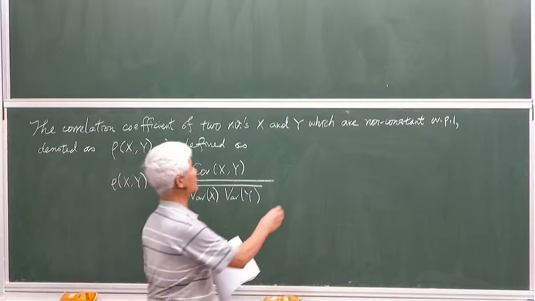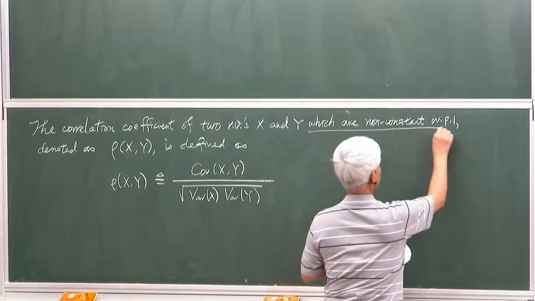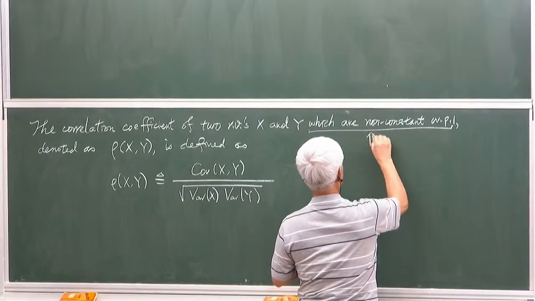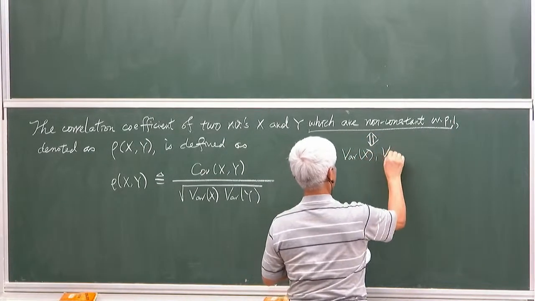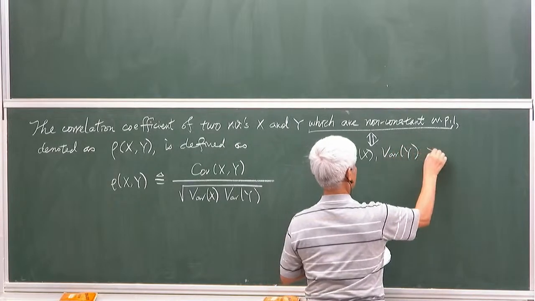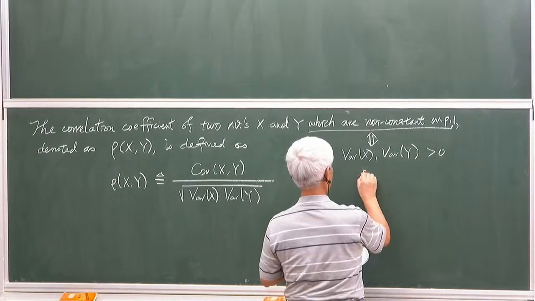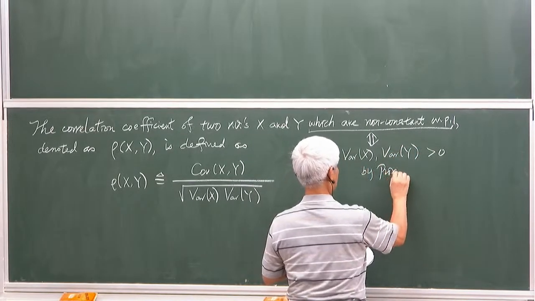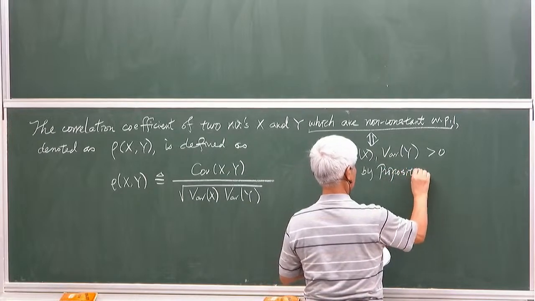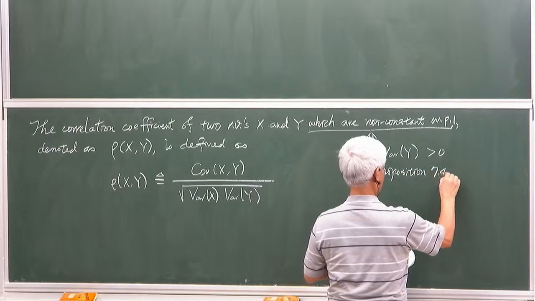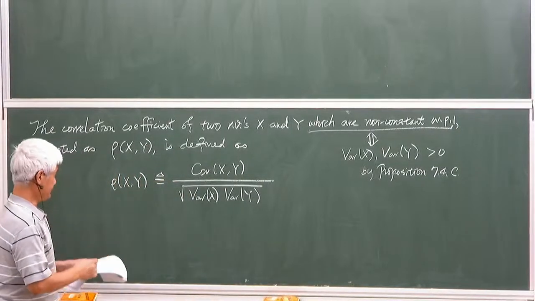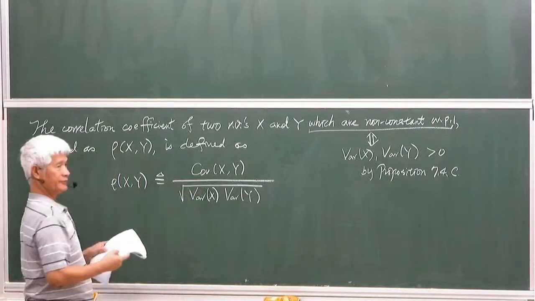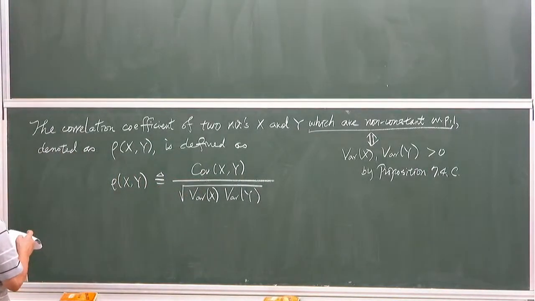X and Y are non-constant with probability 1 if and only if the variance of X and the variance of Y are greater than 0, by proposition 7.4.c. Okay, so we have the definition.